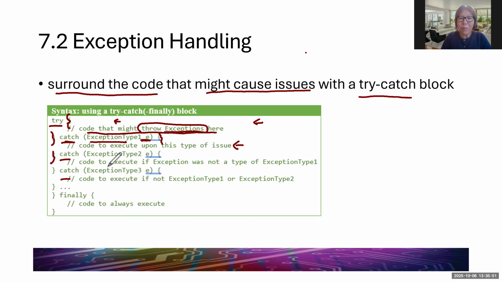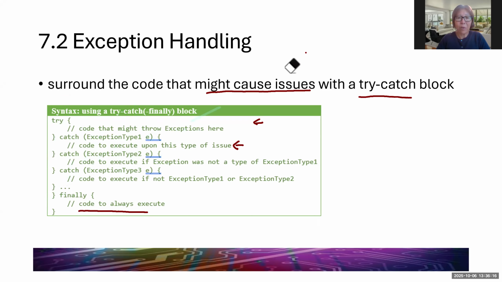For different exception scenarios, you handle them differently with a different catch block. And at last, you can have a finally block. The code in the finally block will always be executed. So this is the general syntax for the try-catch block.